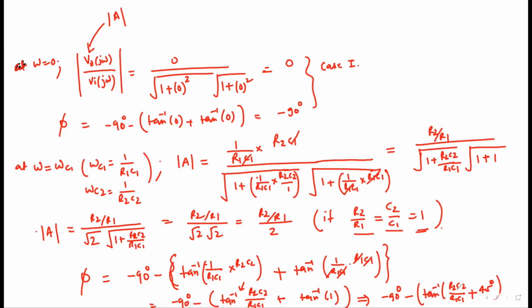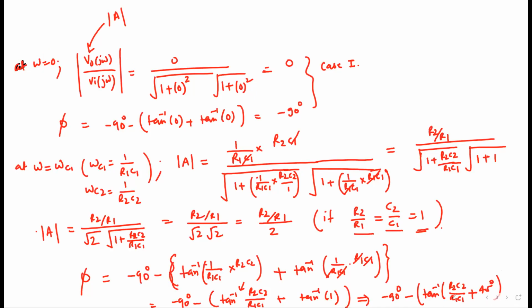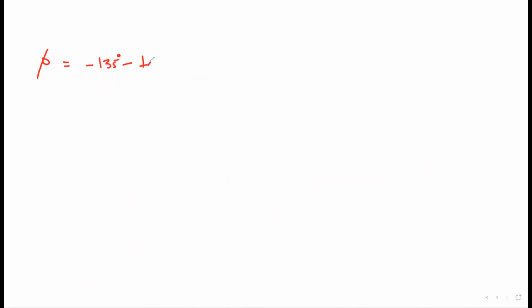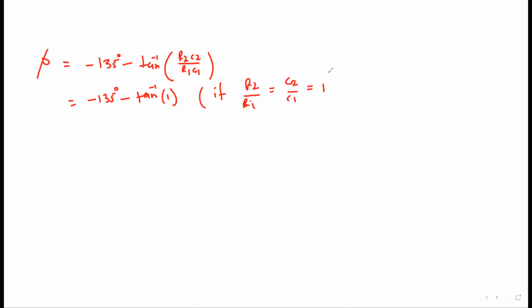So it is minus 90 minus 45, which is minus 135 degrees, minus tan inverse of R2C2 divided by R1C1, and this takes the value of tan inverse of 1 if R2 over R1 equals C2 over C1, that is equal to 1.